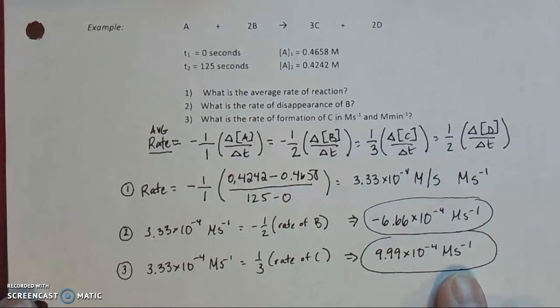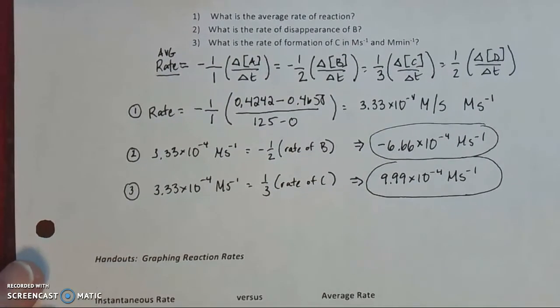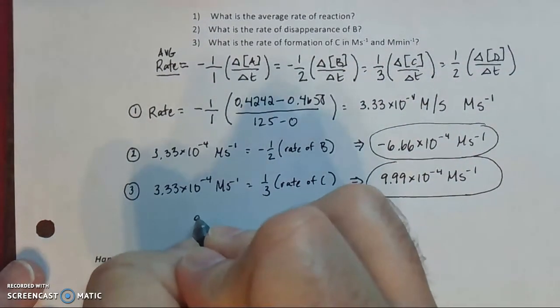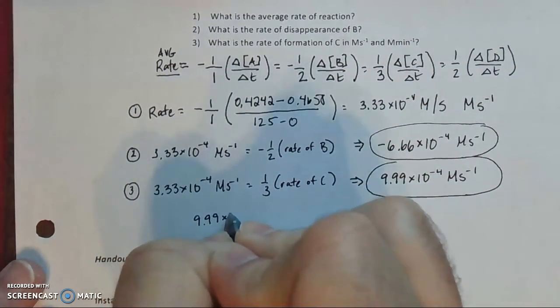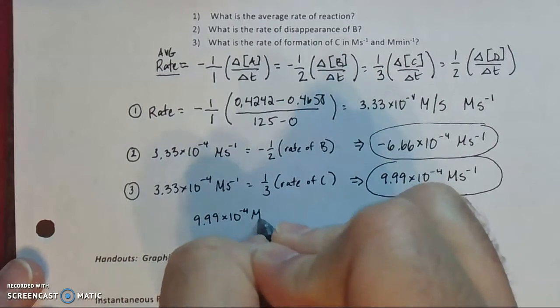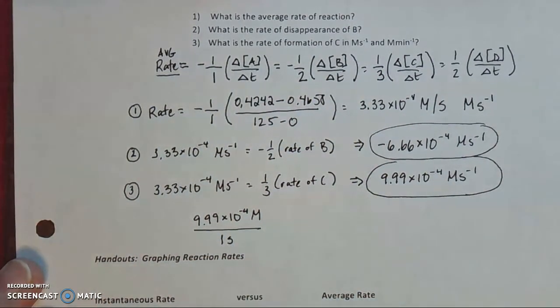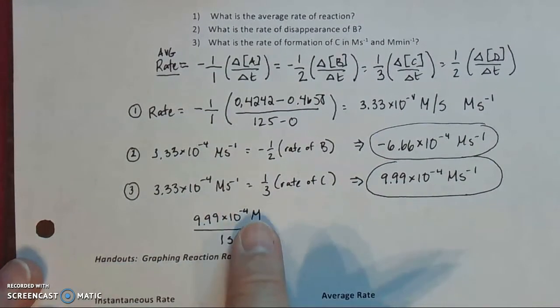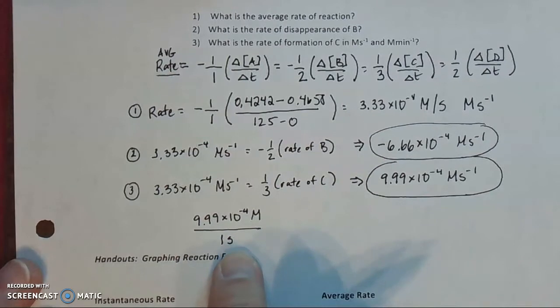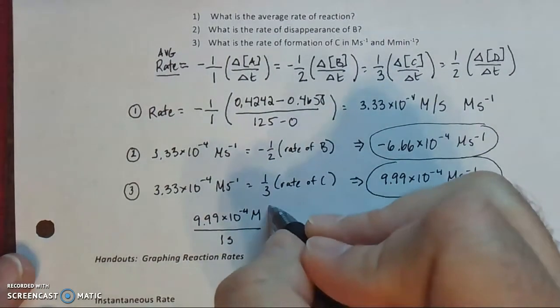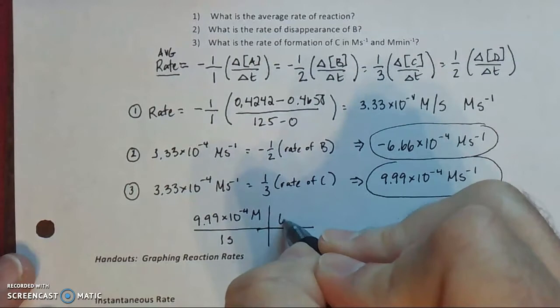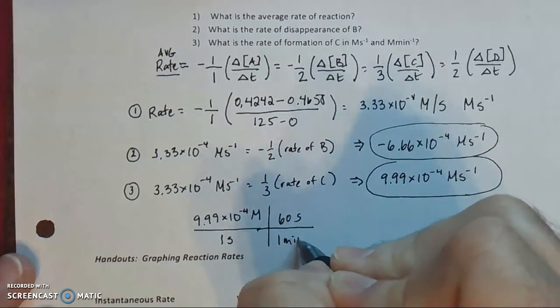So now I have to convert this into molar per minute. This is just a simple conversion, but you have to be careful because that is molar per second. That's how many moles per liter are changing per second. So if I want to convert that, I know that there are 60 seconds in 1 minute.